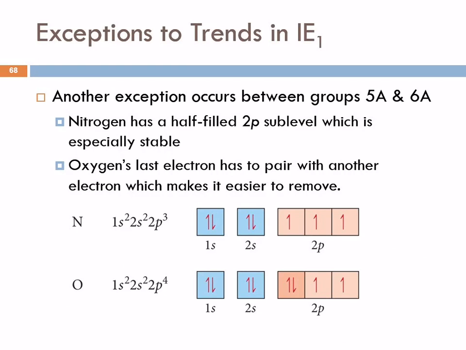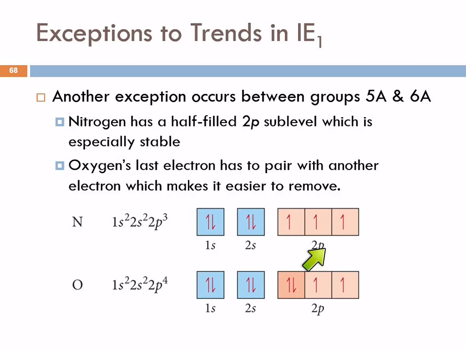We have another glitch between 5A and 6A. So here's nitrogen. Here's its orbital diagram. Here's oxygen, its orbital diagram. If we're removing an electron from nitrogen and from oxygen, we're removing a 2p electron from both of them. It should be the same, except maybe with the effective nuclear charge, we might expect that oxygen would be a little harder. But there's an extra stability when you have orbitals or subshells that are either half full or completely full.